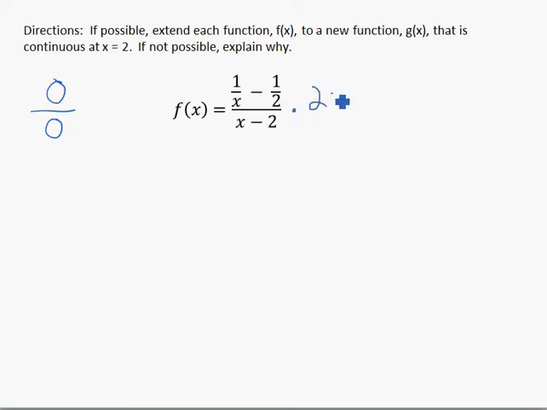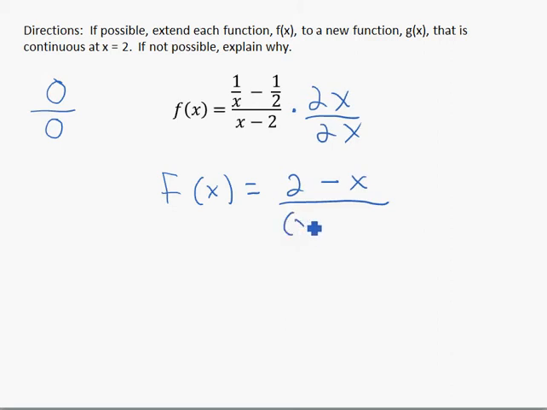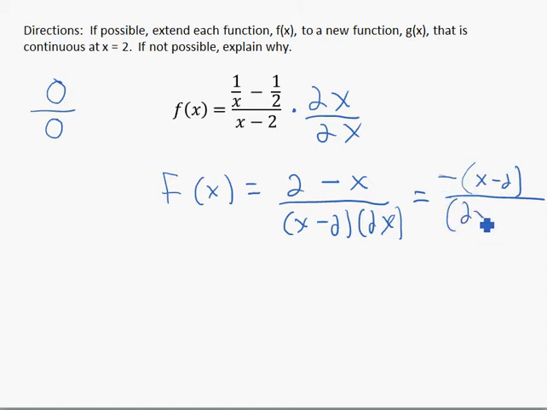And to simplify a complex fraction, you multiply by the common denominator of the little fractions. So f of x is really going to equal 2x times 1 over x, which is 2 minus x, over x minus 2 times 2x, which is the same thing as negative x minus 2 over x minus 2 times 2x.